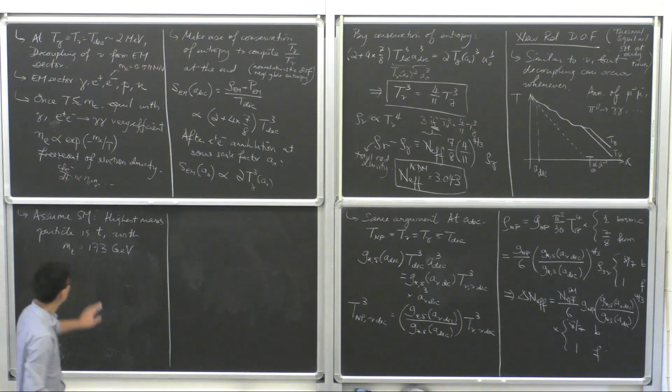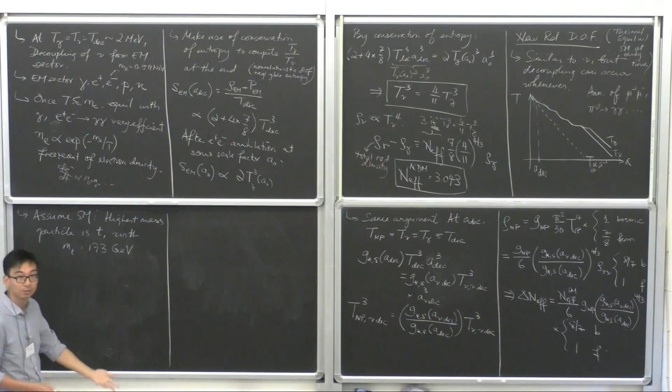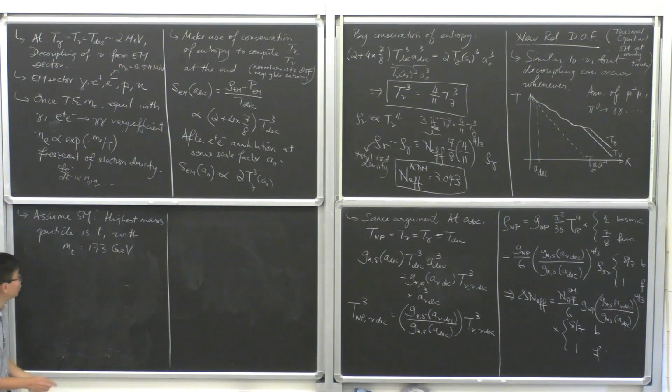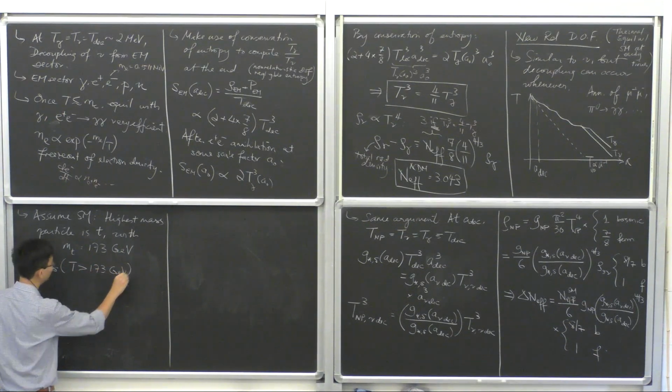Okay, so if we assume that the standard model is complete, which is somewhat of a big assumption, then once you go above this temperature of 173 GeV, you don't have any more particles to produce, and so essentially your g_*S at temperatures greater than 173 GeV maxes out.